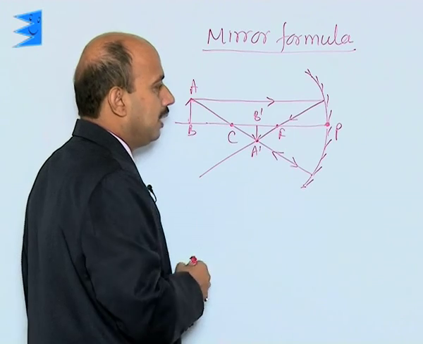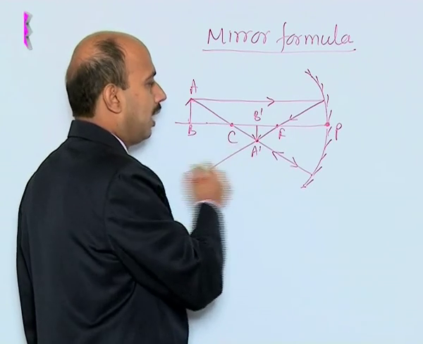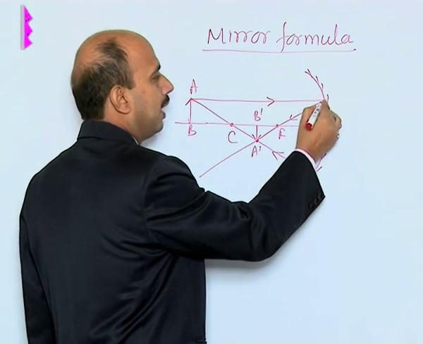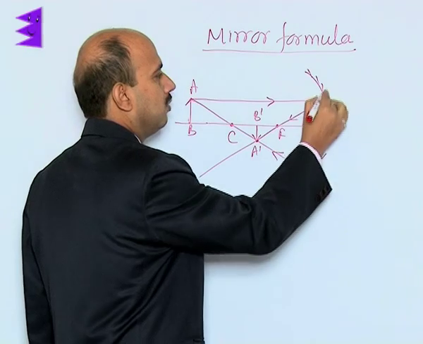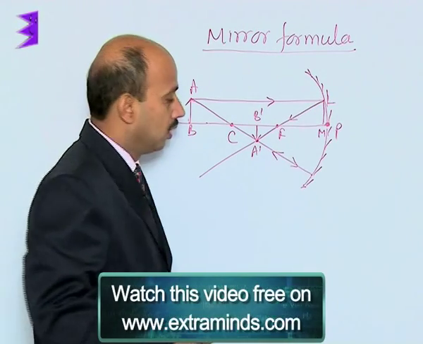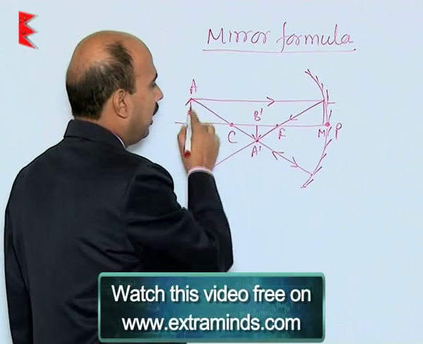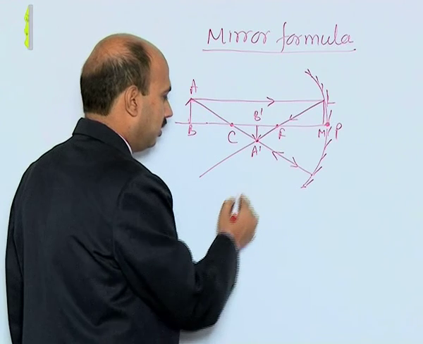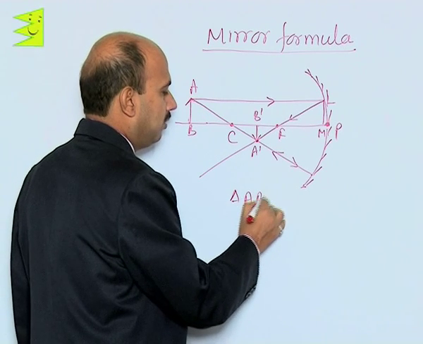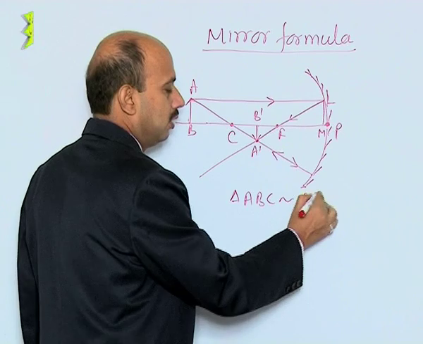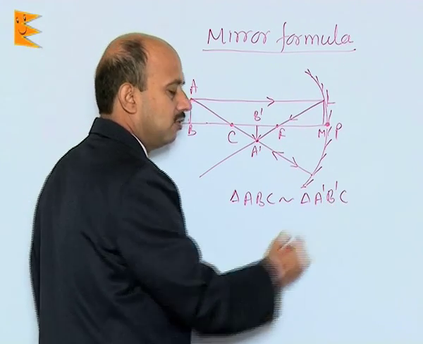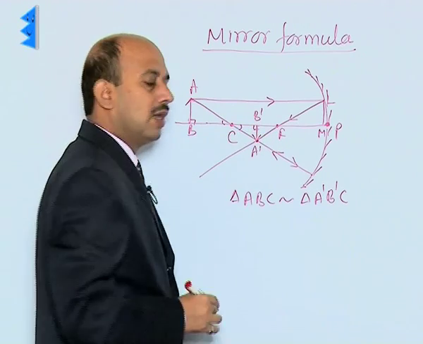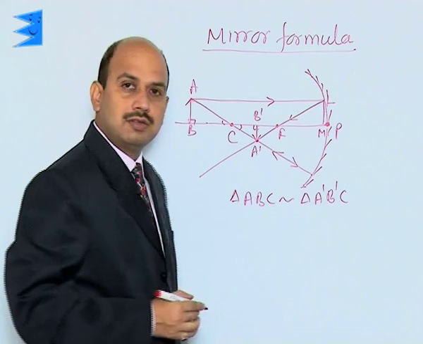So we have taken the object here and the image is obtained here, between the center and the focus. This point we can take as M, and this one is L. Now first we can take triangle ABC and A dash B dash C. We can write triangle ABC is similar to triangle A dash B dash C, because these angles are 90 degrees and these are vertically opposite angles, so these two triangles are similar.